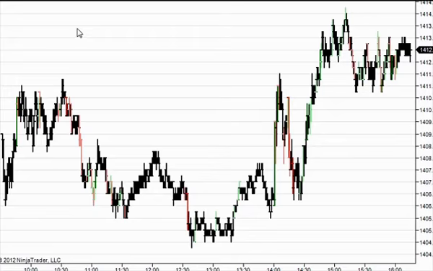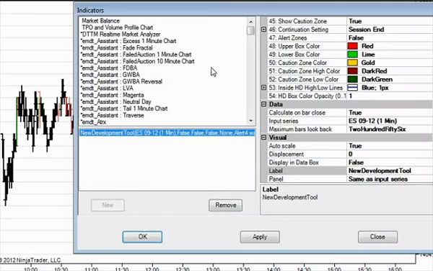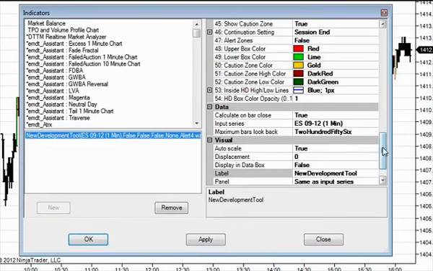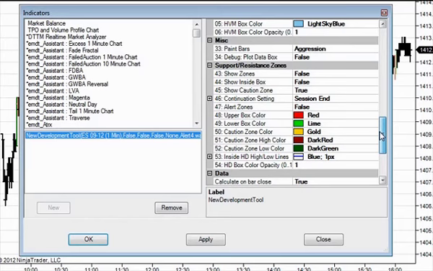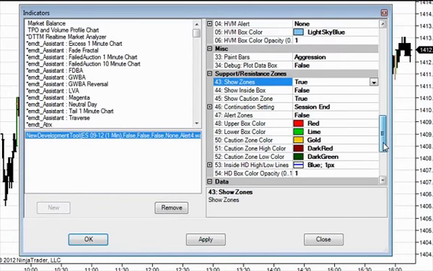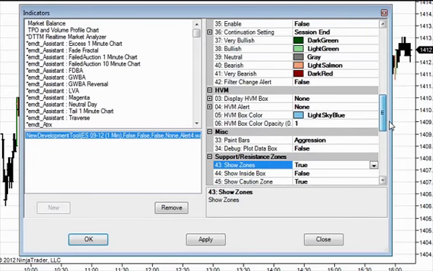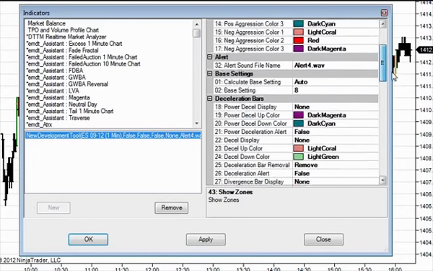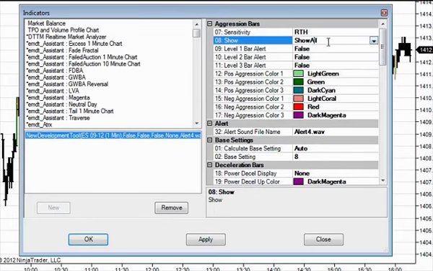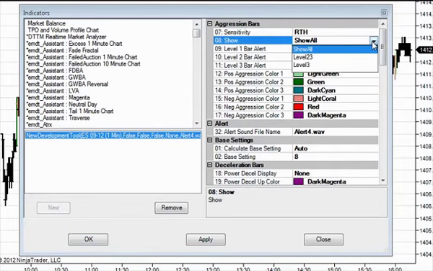So this is actually our new version of the software, which is not quite ready for the public, but it's close. It makes it a little bit easier to show each of the components as you want them. So you can show the deceleration bars or the aggression bars or the support resistance zones or the filters or any combination, or just the level 2 and 3 bars, or just the level 3 bars.